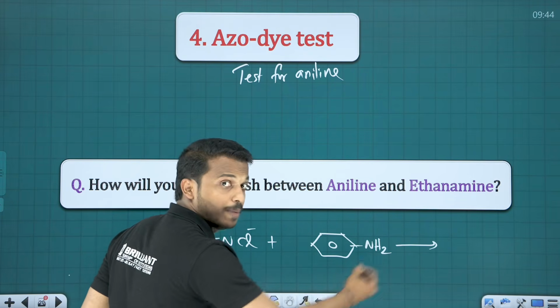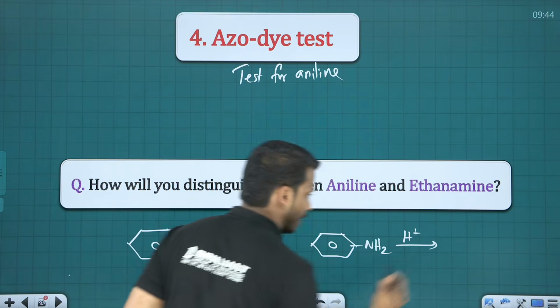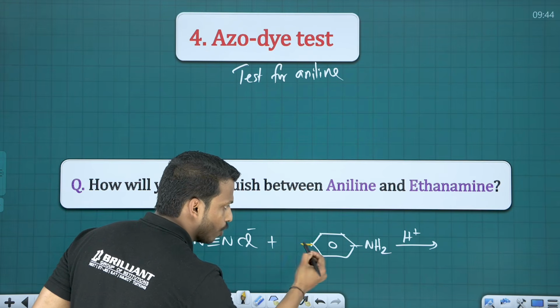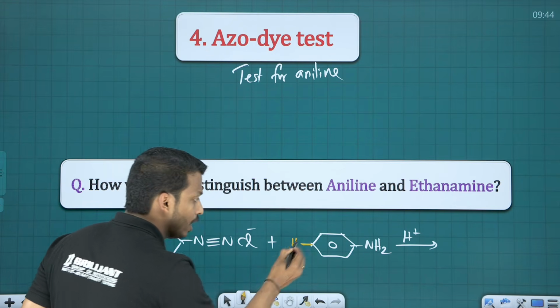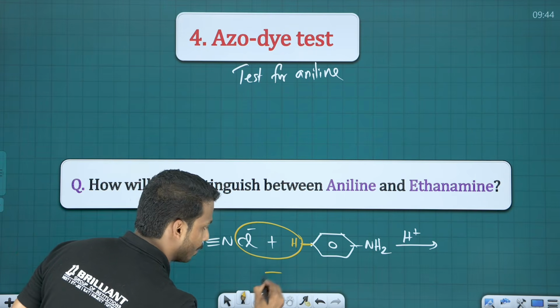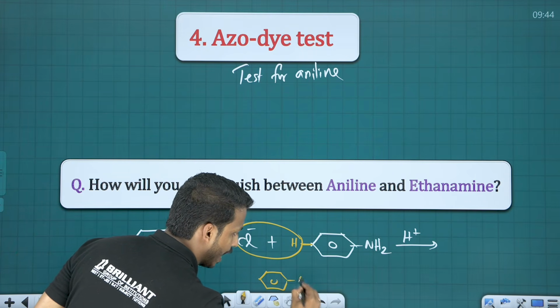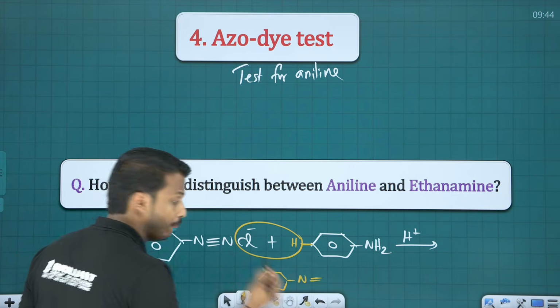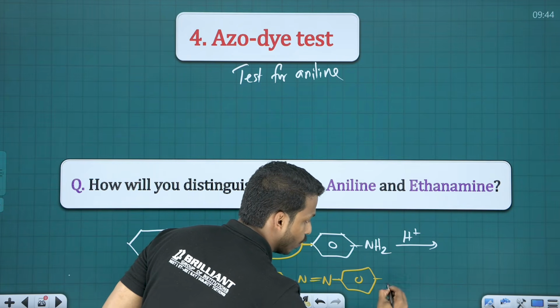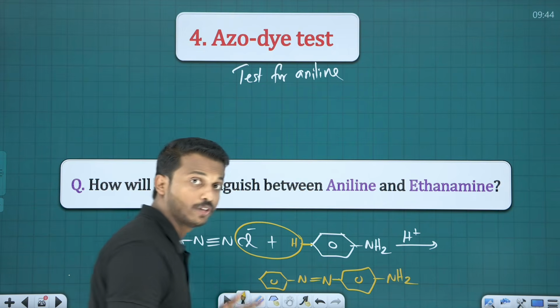Since aniline is basic, we are using a acidic medium here. You know what is the reaction? From the para position of aniline, let me take one H. This H and Cl, HCl out. So what is left in the system? This benzene with N triple bond, N becomes N double bond, N, again one benzene with what? NH2.